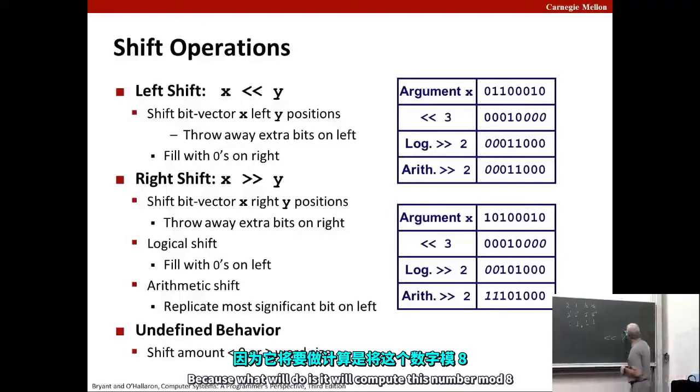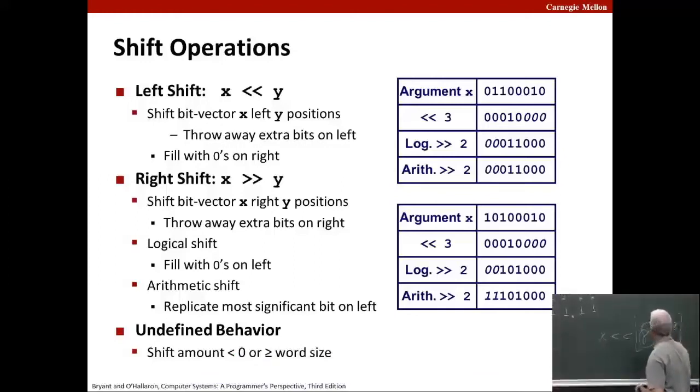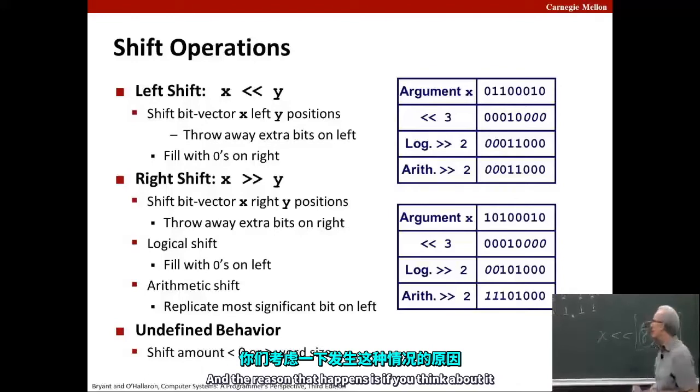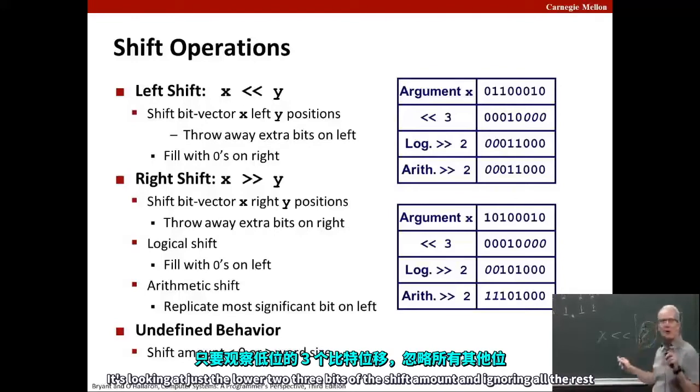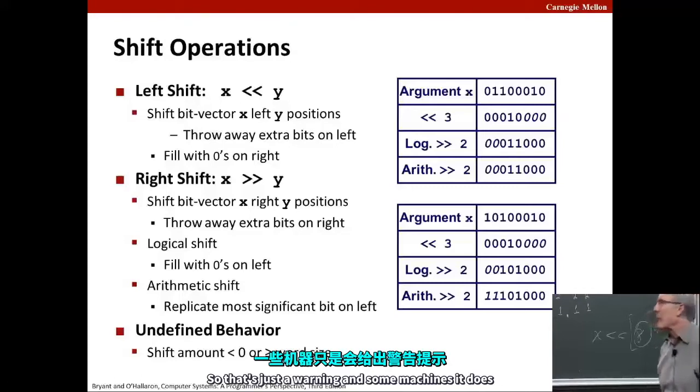Because what it will do is compute the shift amount mod 8. The reason that happens is, if you think about it, it's looking at just the low order 3 bits of the shift amount and ignoring all the rest. So that's effectively like modulo 8. That's just a warning.